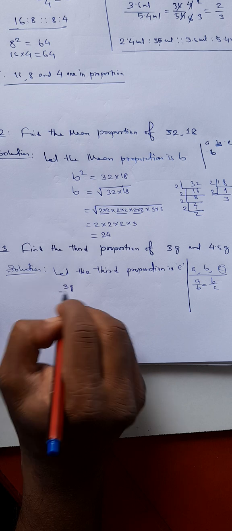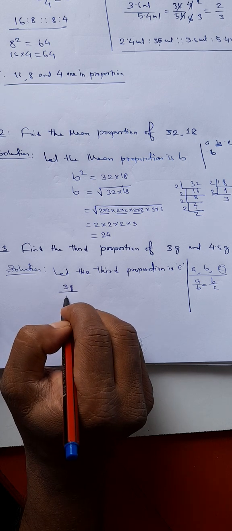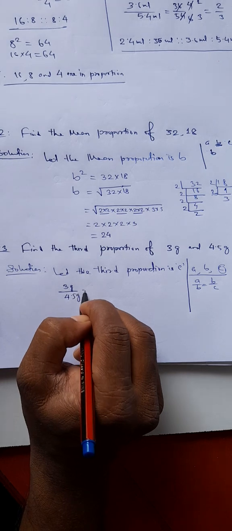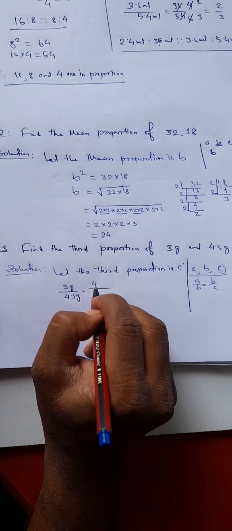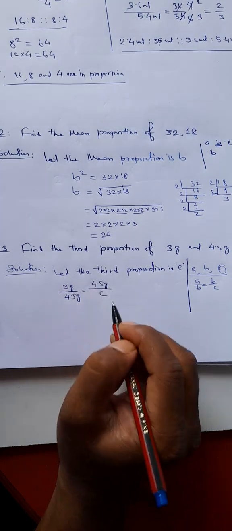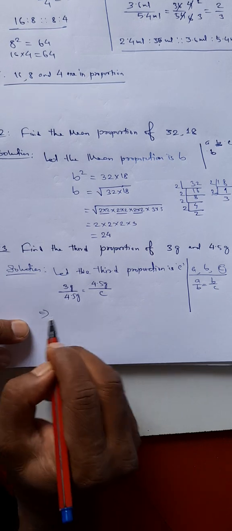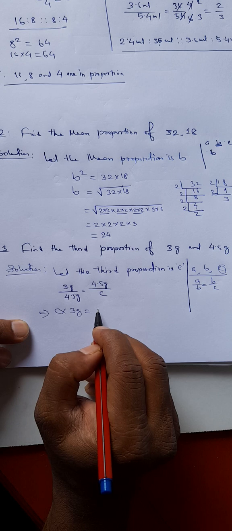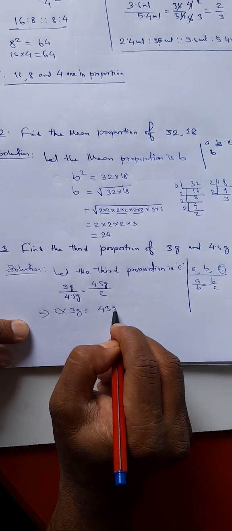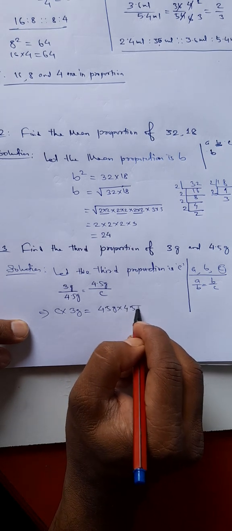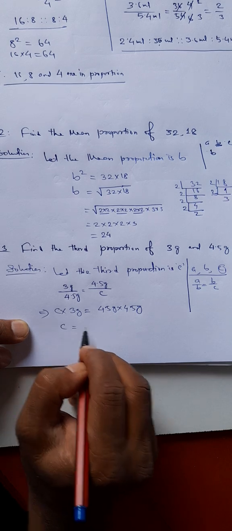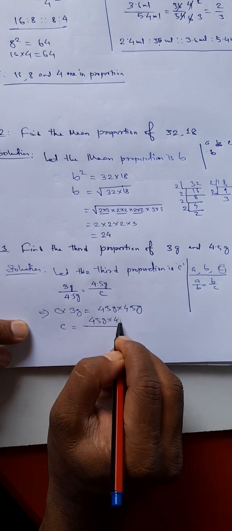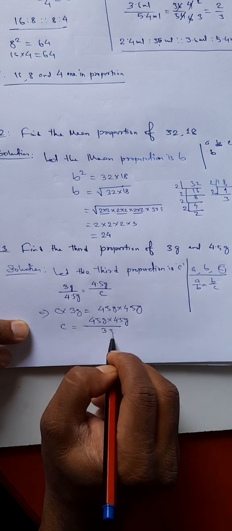So 3 gram divided by 4.5 gram equals 4.5 gram divided by C. Now C into 3 gram equals 4.5 gram into 4.5 gram. So what is C? 4.5 gram into 4.5 gram, divided by 3 gram.